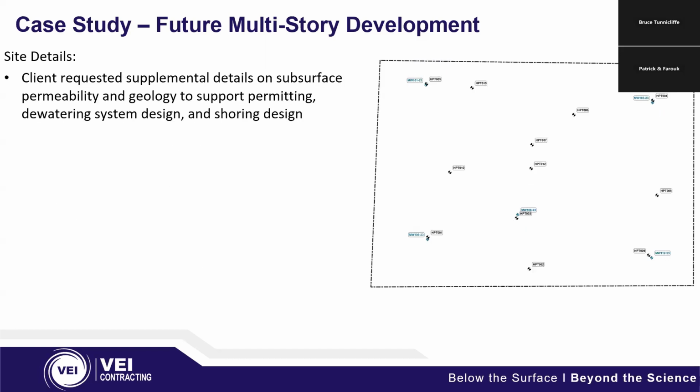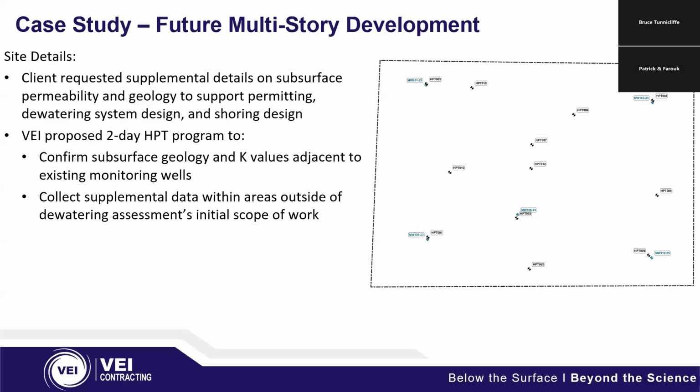The client brought us in requesting some supplemental details on the subsurface permeability and the geology. They wanted us to support them with their dewatering system design and shoring design, because we're talking about quite a lot of water. And once you get to that level and that depth, we're talking about a lot of money. VEI proposed a 2-day HPT program. We wanted to confirm the subsurface geology and the K values adjacent to the existing monitoring wells that were slug tested.